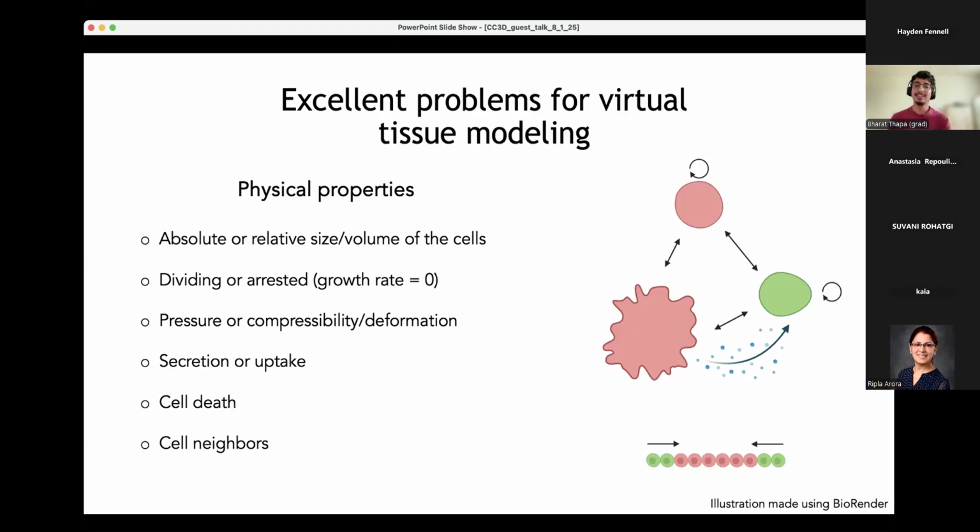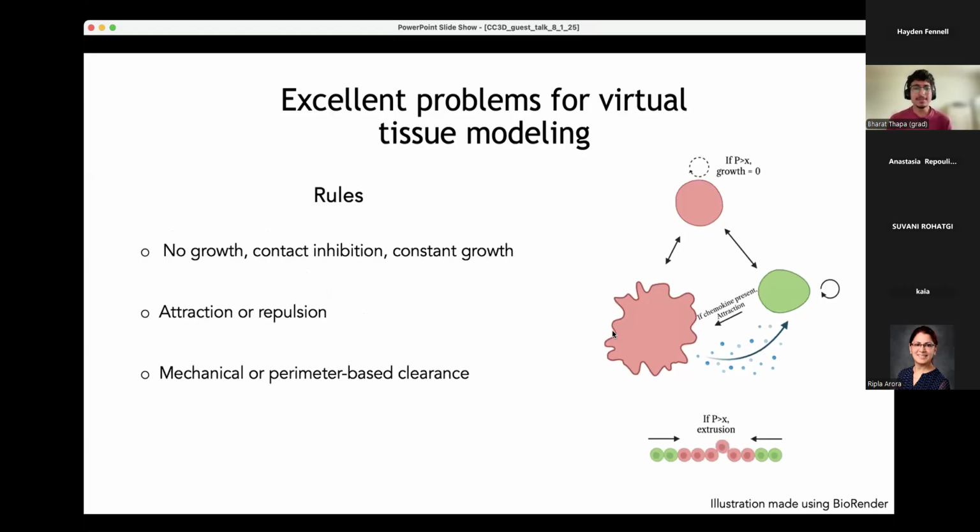So all of these things can be easily implemented in a virtual tissue modeling platform. And knowing that these things are available or accessible in your biological experimental model is useful.